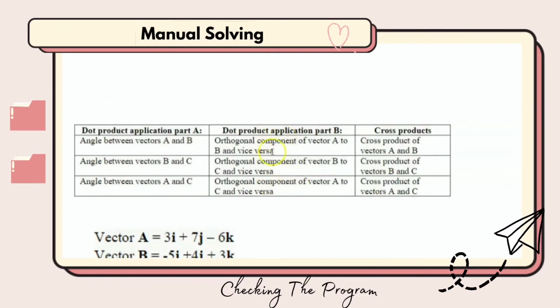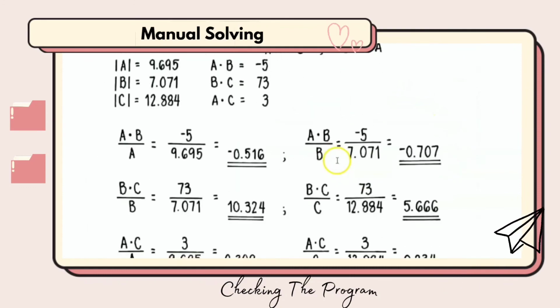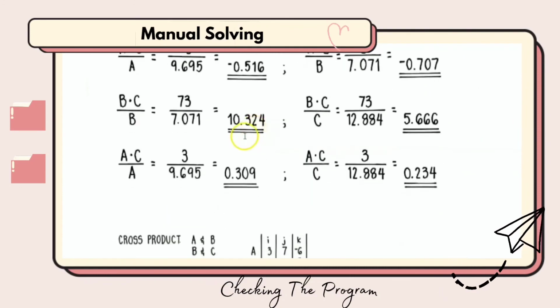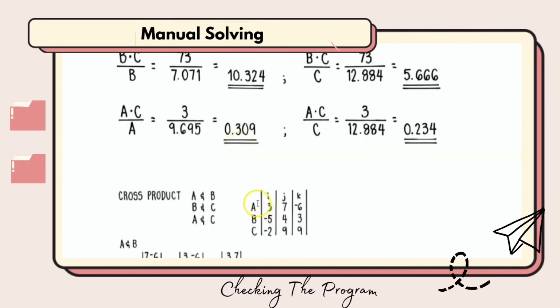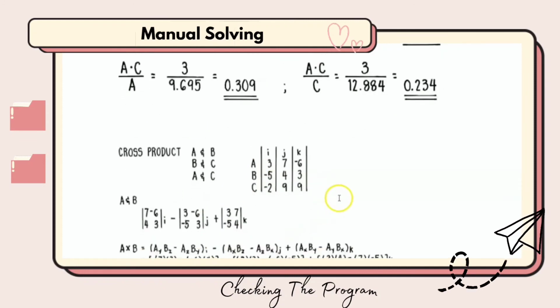Now that we have solved dot product application part B, we are going to proceed to getting the cross product of the vectors. The first thing we need to do in getting the cross product of the two vectors is to lay out their givens, so it will be easier for us to tell which are the i, j, and k.